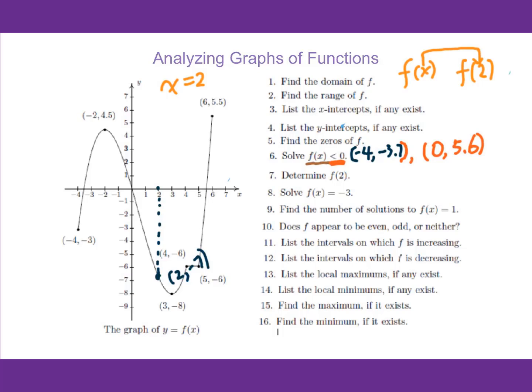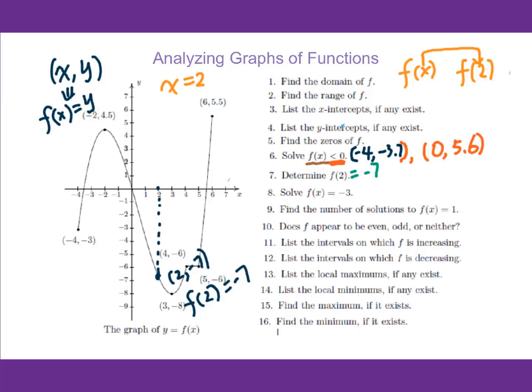For any point (x, y) on the graph, we can write f(x) equals y. Therefore, for (2, -7), f(2) equals -7.